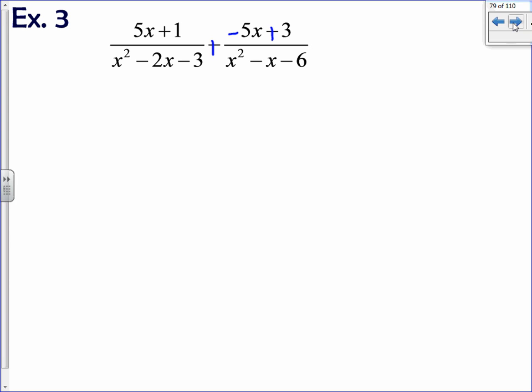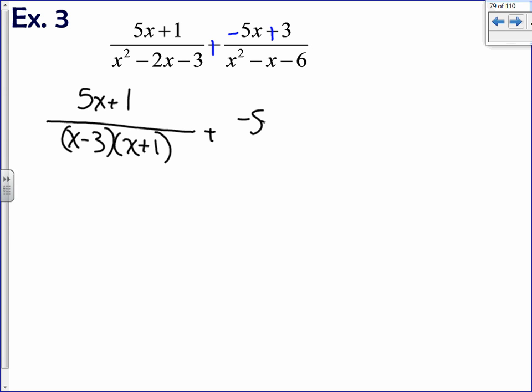Now I will factor each of my denominators so that I can find the LCD. So the first factorization is x minus 3 times x plus 1. The second one is going to be x minus 3 and x plus 2.